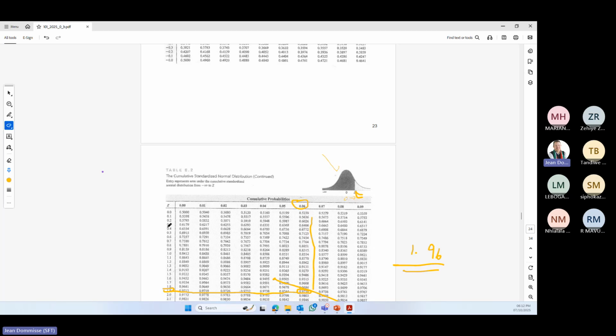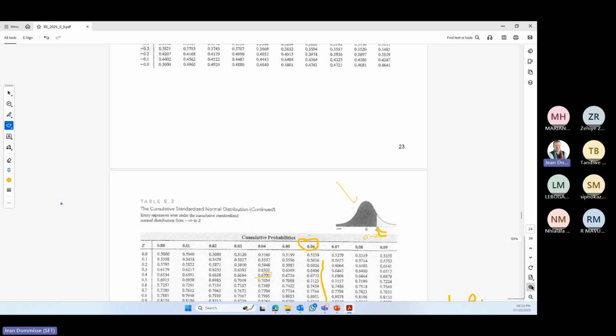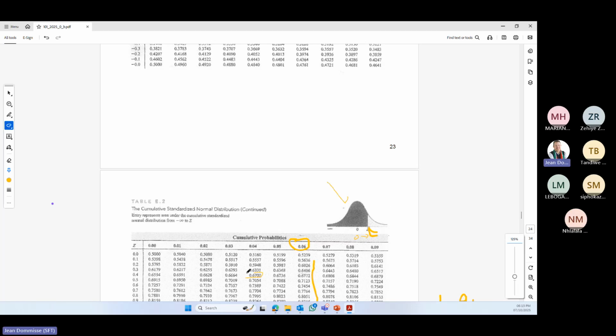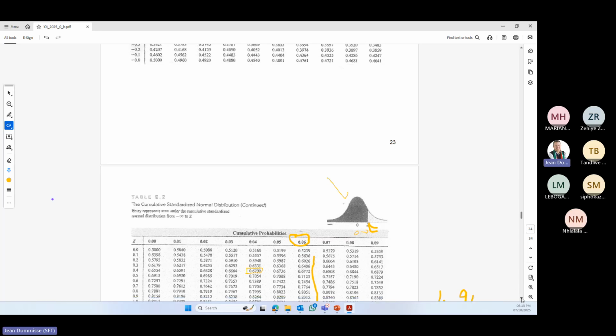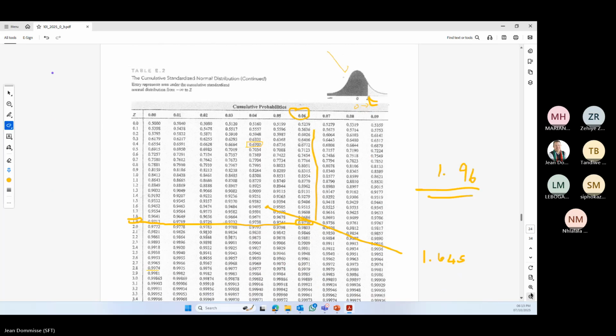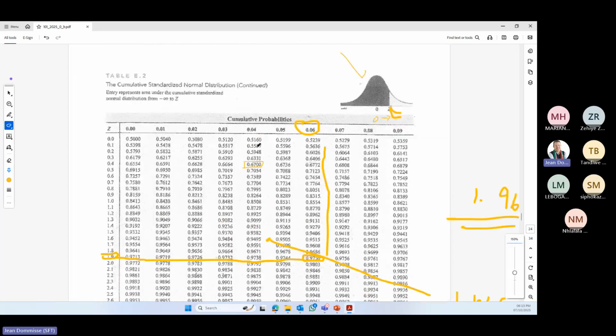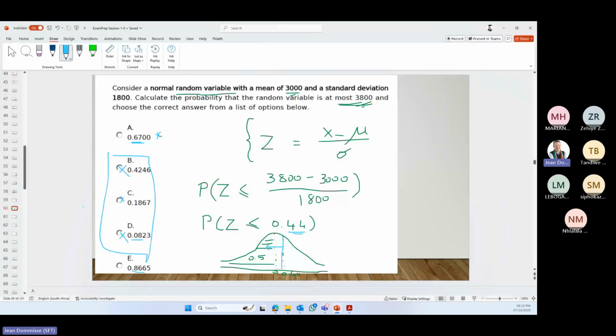We want to use Z 0.44. Let me make that a bit bigger. So 0.44, we can see is 0.67. So if we go back and look at the options, 0.67 is what we're looking for.